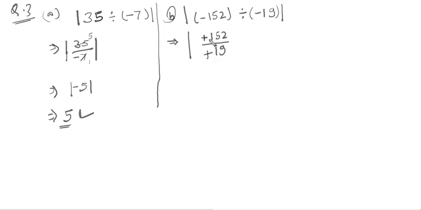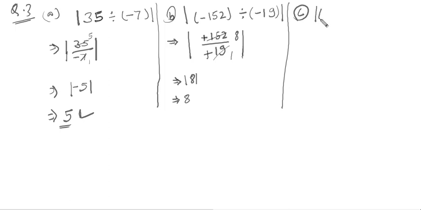The minus will be cancelled out. And 19 ones are 19, and 19 eights are 152. If you cut it, it will come 8. So here in the determinant it is 8. It is positive, so it will remain positive 8.